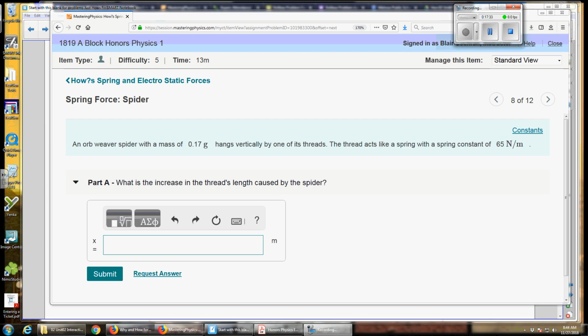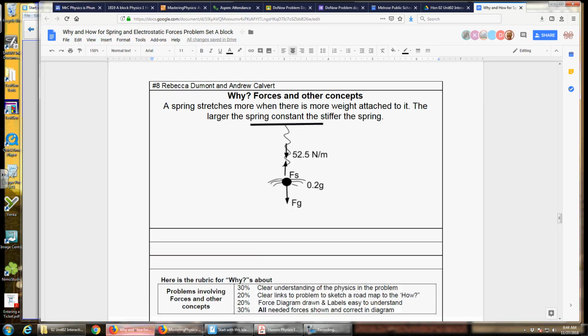All right, we're doing number 8. This is our spider hanging from the thread. And our thread is acting like a spring. And the Y that you guys did yesterday is there. Now, my numbers are different than that 52.5, but I get their meaning on it.